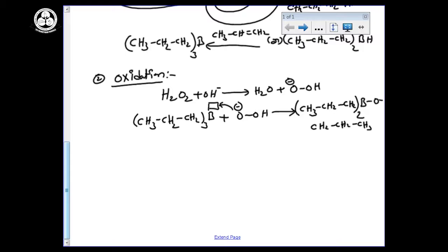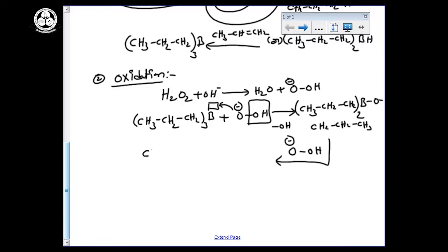Remaining, here I want to remove OH. OH is going out, and the remainder will be like this. Now again for this I am adding OH minus.